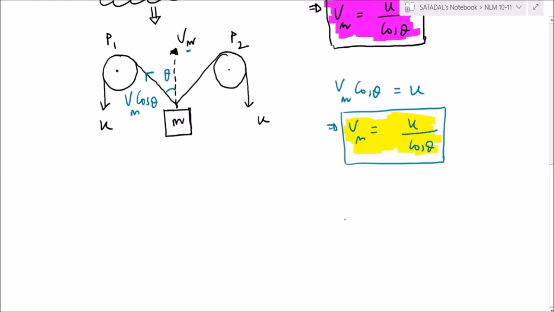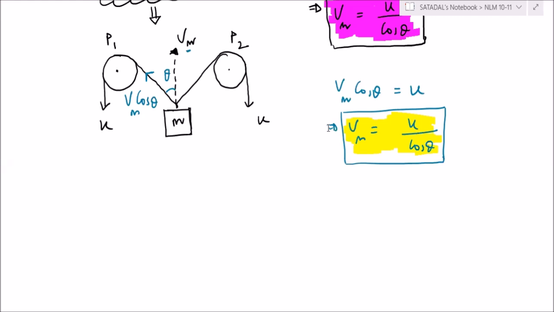Is that okay? Yes, David, tell me. Sir, once explain again, how VM cos theta is equal to U?